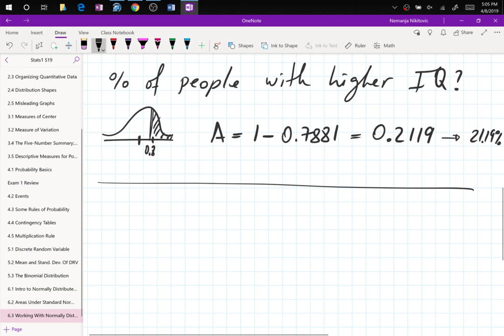All right, let's take a look at the height of female students. So, you know, some of you can relate.